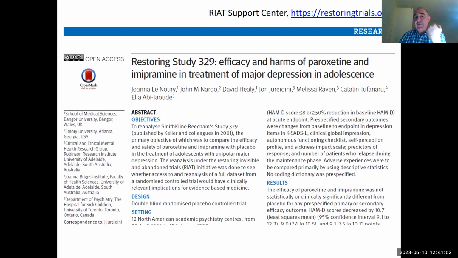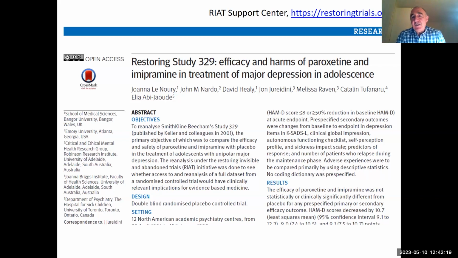This is the case of the first restored trial ever, the so-called study 329. In the original publication, authors said that paroxetine and imipramine were very useful, effective, and safe in treating major depression in adolescents.